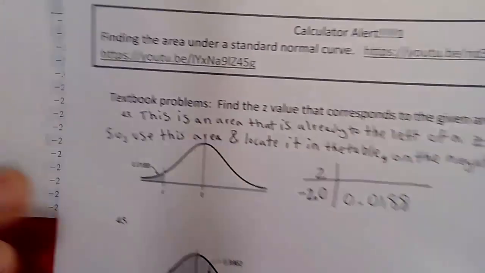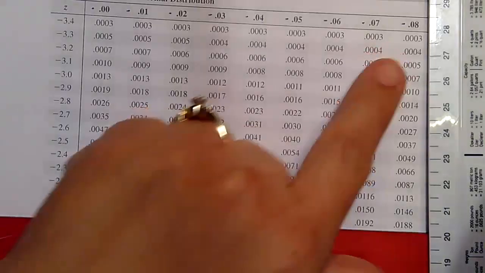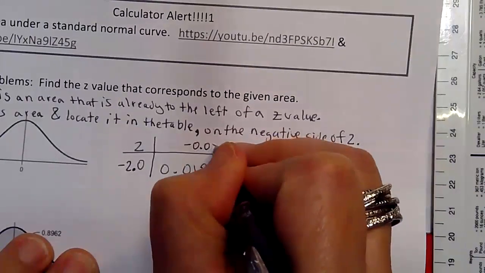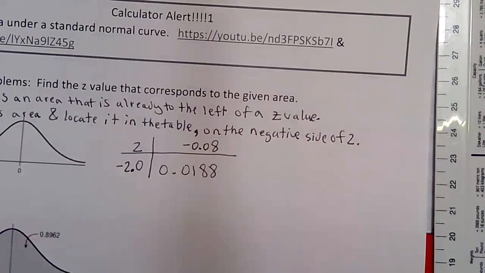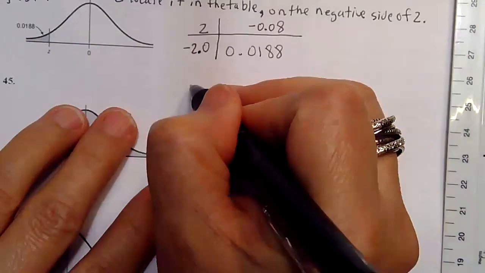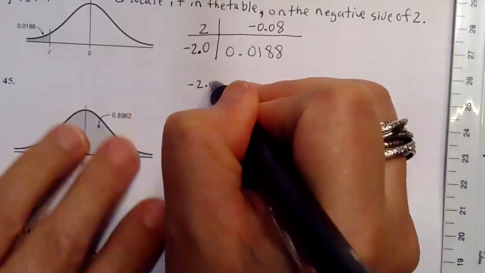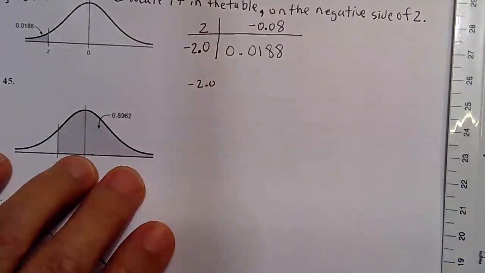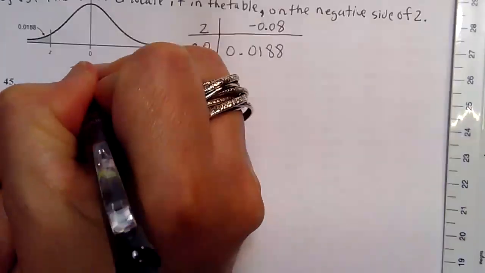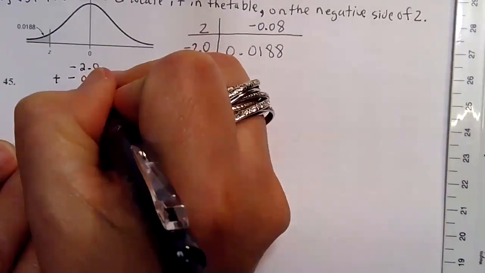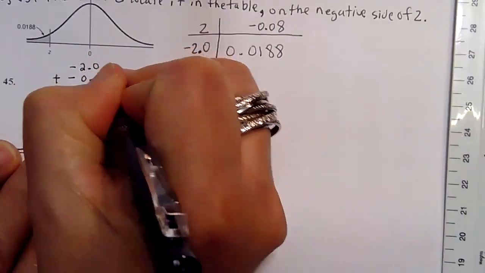And then you have negative 0.08. Okay. And so when you find your z and you add those up, you're adding negative 2.0 plus a negative 0.08.